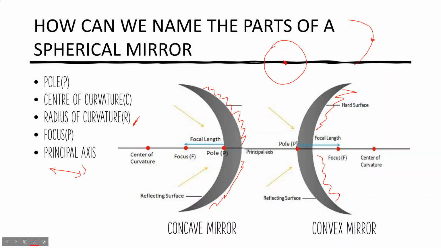It is three-dimensional, so I can't show you. It actually looks somewhat like this. Next, pole is done. What is pole? The point located at the center of the reflecting surface of the mirror.